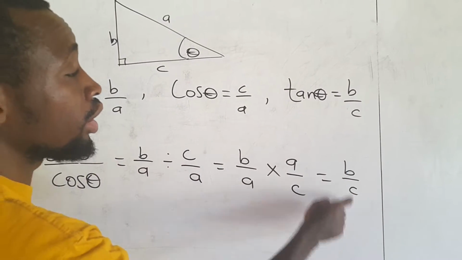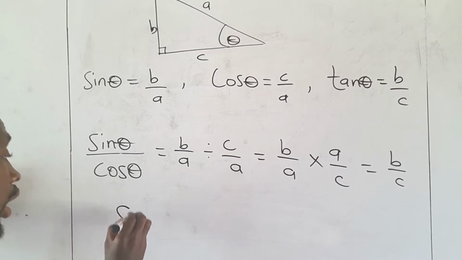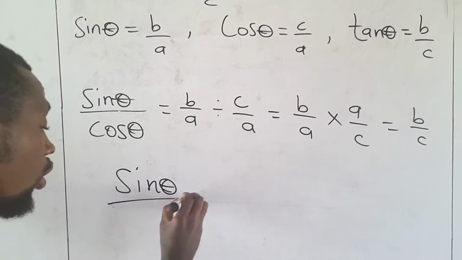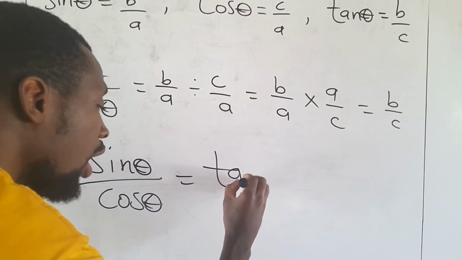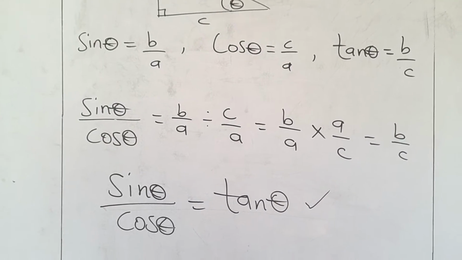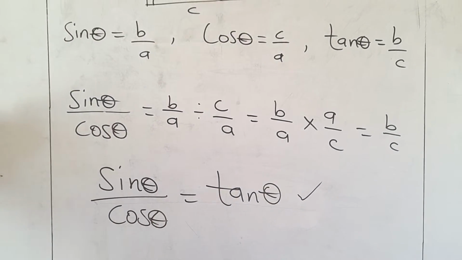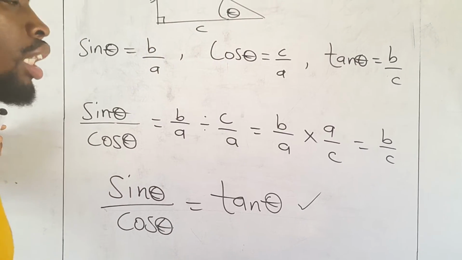Our B over C is tan theta. Then we can say that sine theta divided by cos theta is equal to tan theta. A very basic identity or relationship between the trig identities. Very, very important. So sine theta over cos theta is always equal to tan theta.